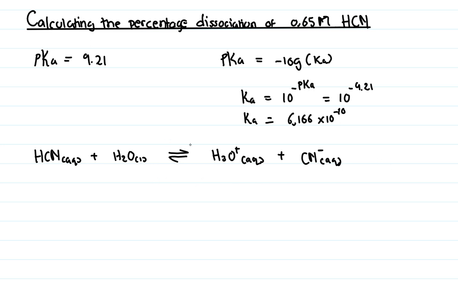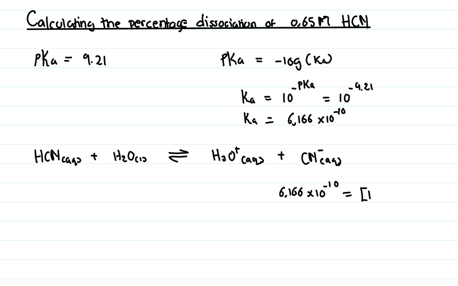aqueous. Now we have to write the Ka expression for this reaction. So the Ka expression is going to be that value. We have 6.166 multiplied by 10 to the power of negative 10 is equal to the product of the concentration of hydronium ion and the cyanide ion over there.